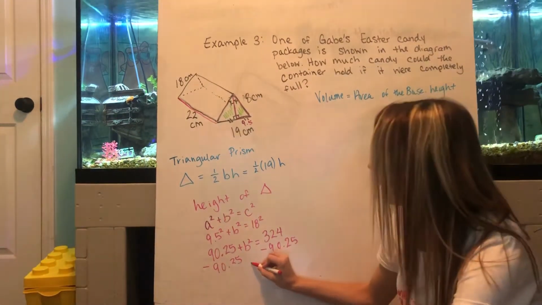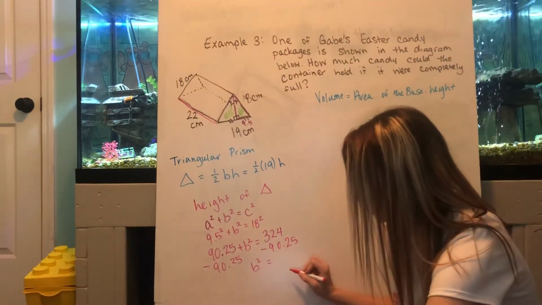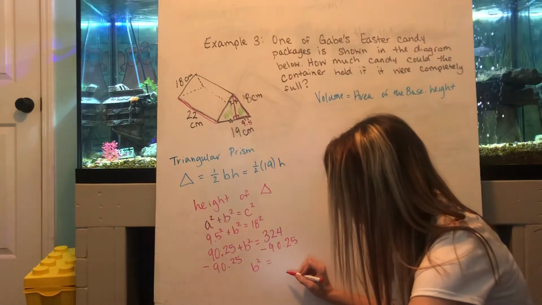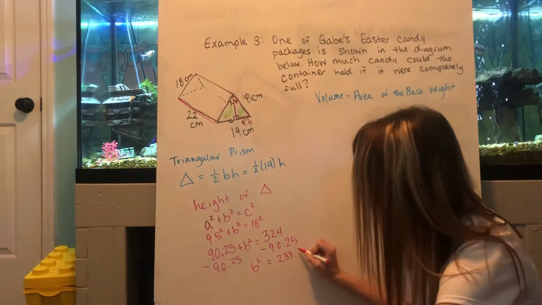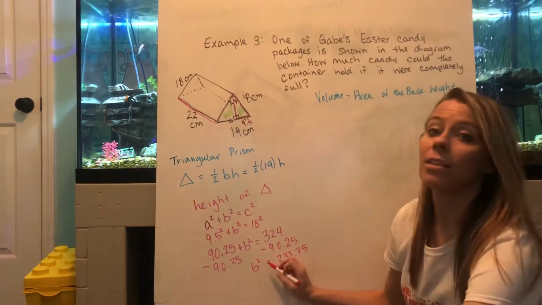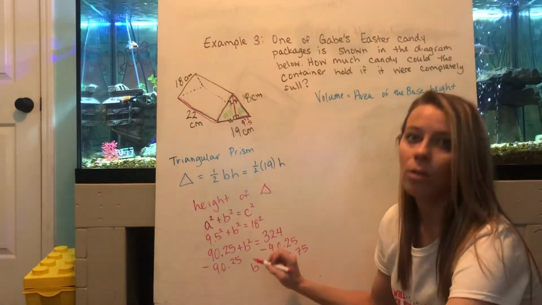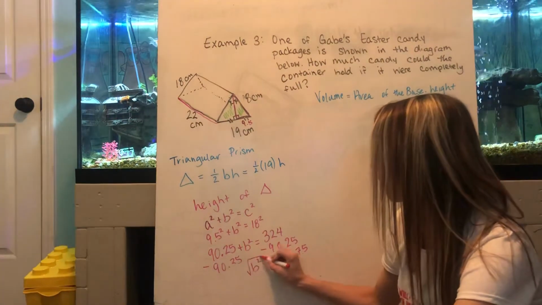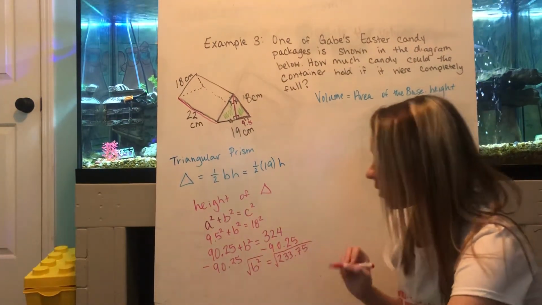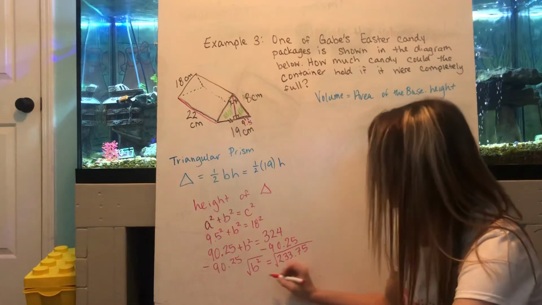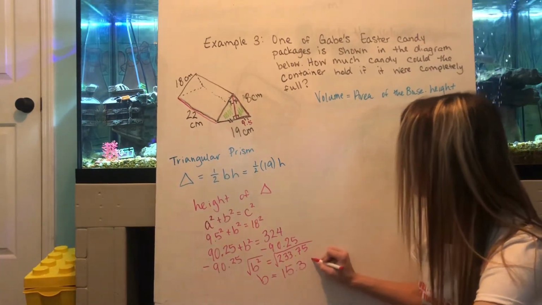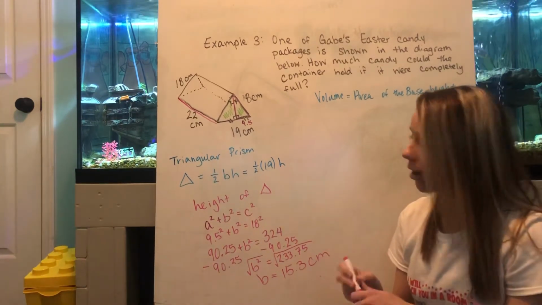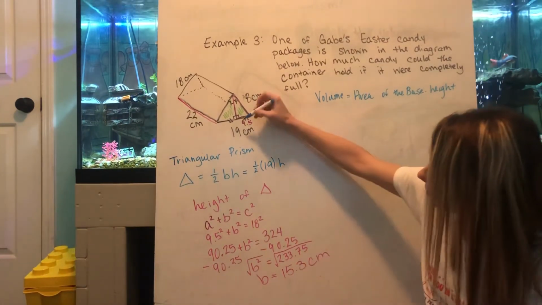So b squared, don't forget the b squared, is 233.75. To get rid of the squared, you want to take the square root on both sides. And after you take the square root on both sides, b is 15.3 centimeters.